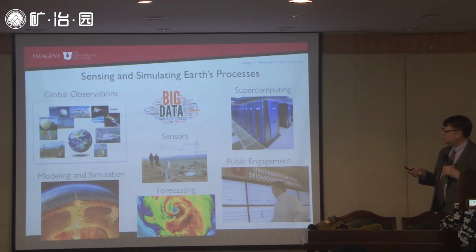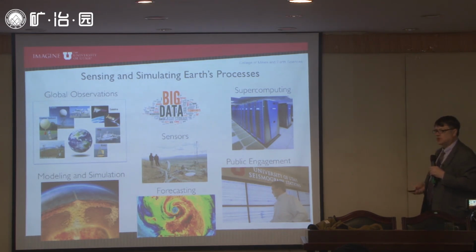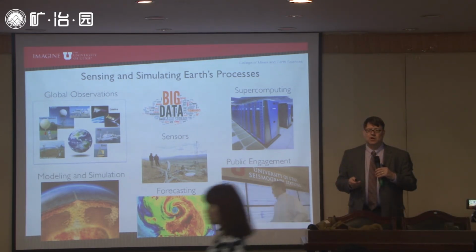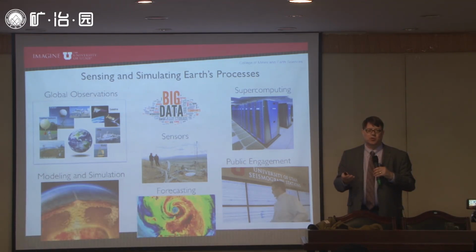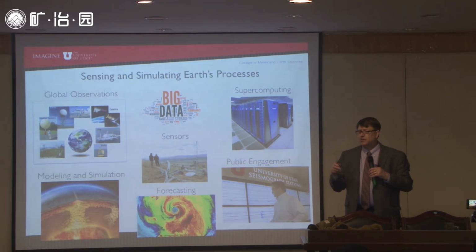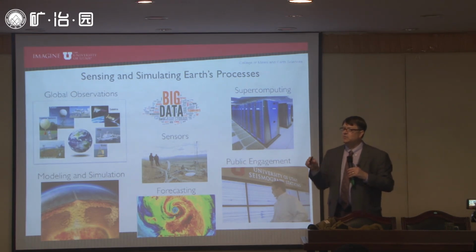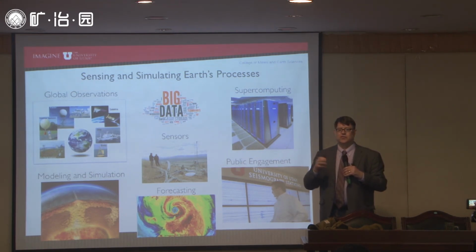And because we collect so much data, it's really important for us to communicate with the public what our results are. So one of the things that we do is report earthquakes. When there's an earthquake in our region of the United States, we are required, we're paid by the US government, to report that earthquake within a matter of about 3 minutes if the earthquake is over a 3.5.